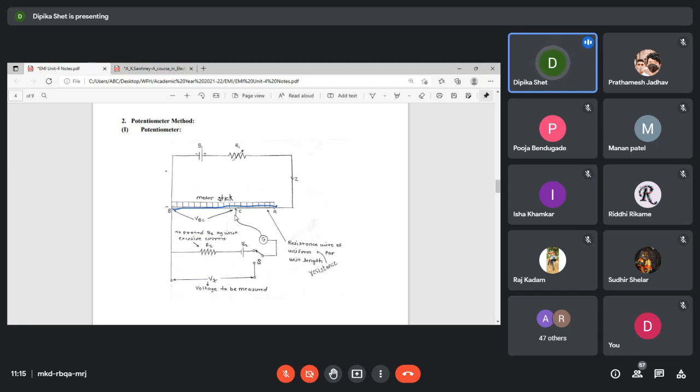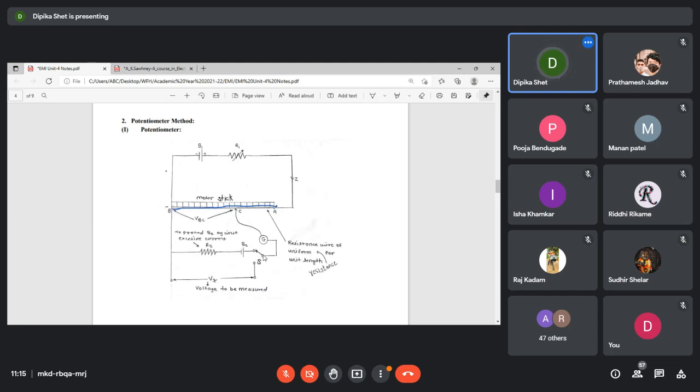It is variable over this wire AB. The other terminal of this galvanometer is connected to this switch S.